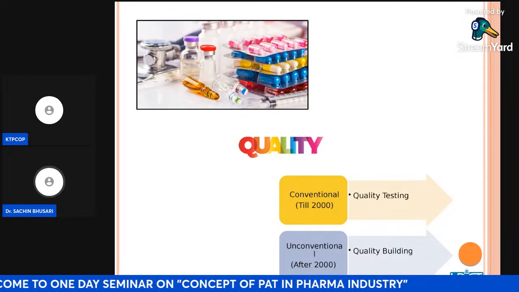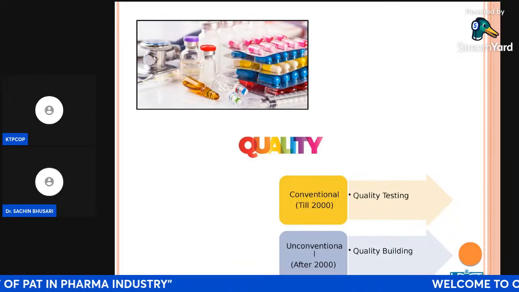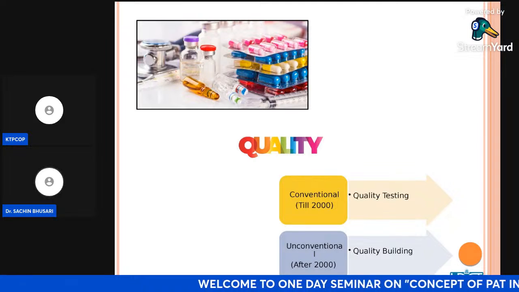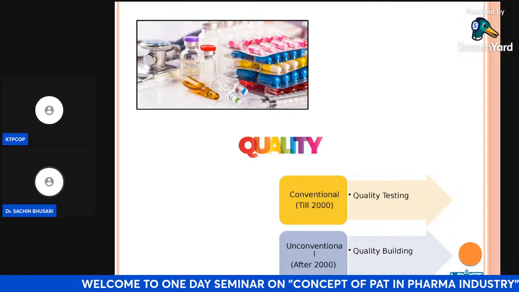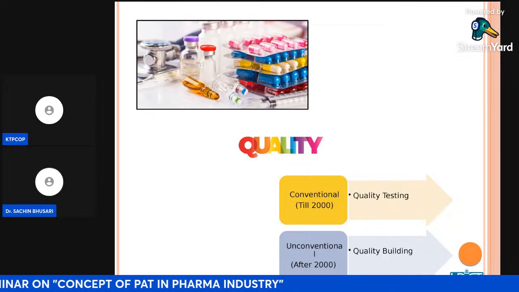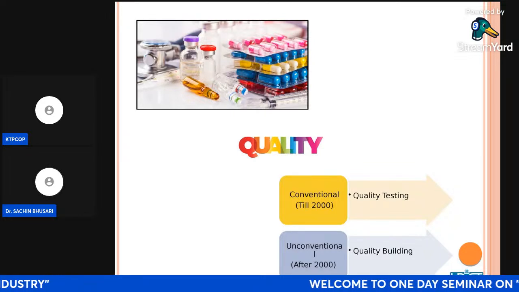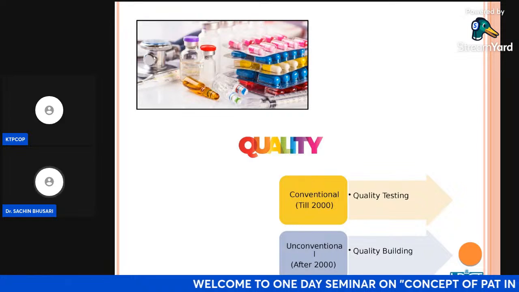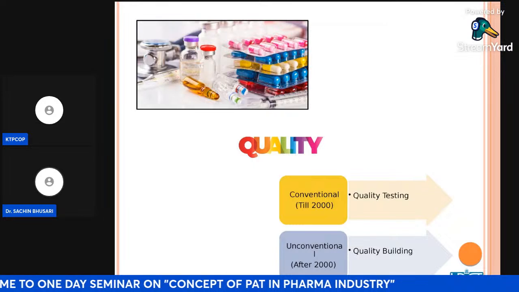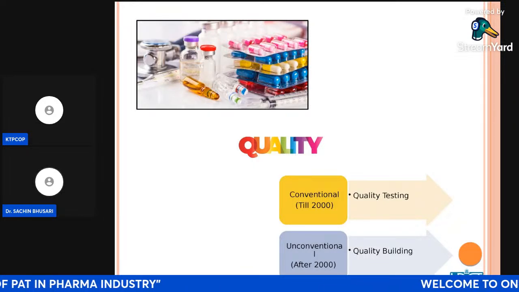So let us start with the introduction. Before going into PAT, one should know why PAT was there, what was the reason, and how it came into picture. So the origin of PAT lies in the human health system. We are all pharmacy background people, and we know in this world pharmaceuticals and food are the two sectors which are very close to our heart, body, and mind, because these two sectors directly impact the health of human beings.